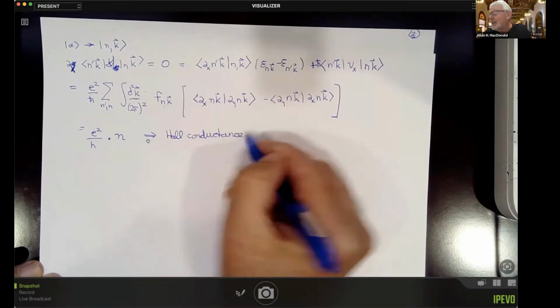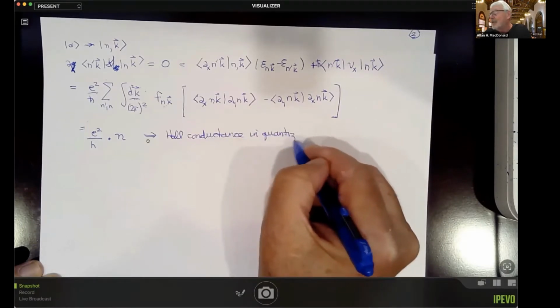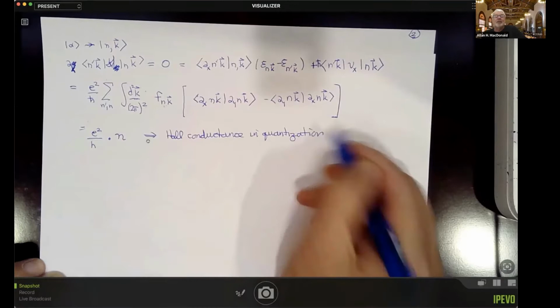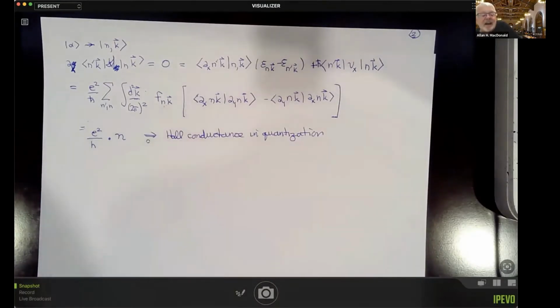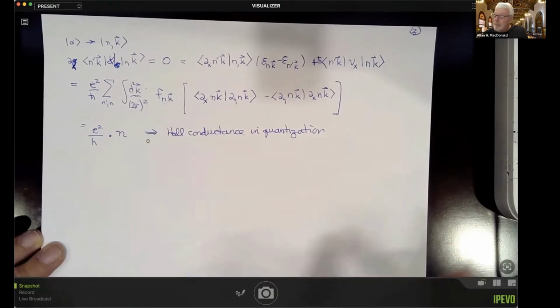And of course, one example of that Hall conductance quantization, which just follows from this simple linear response calculation, is that if you have some tight-binding model for a band and you represent a magnetic field by Peierls phase factors, then you get 2D crystals with quantized Hall conductance in a magnetic field, which is what they were most interested in at the time.